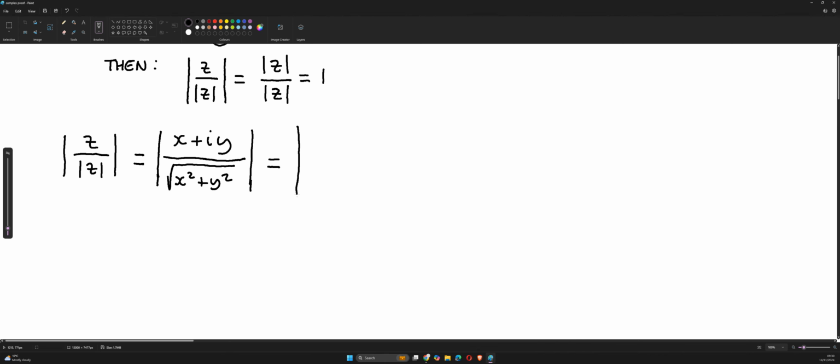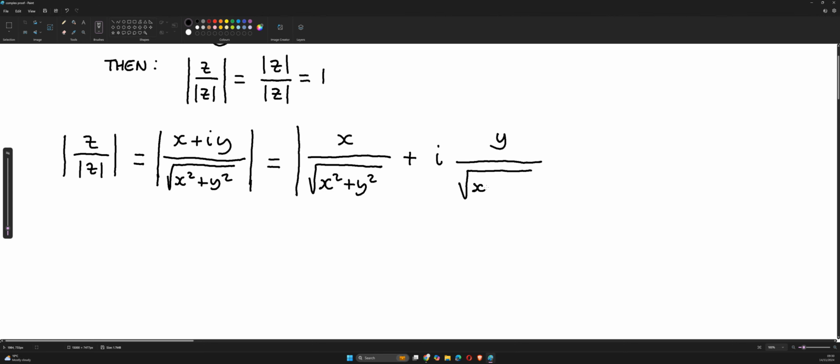So we have the magnitude of x over the square root of x squared plus y squared plus i multiplied by y over the square root of x squared plus y squared.